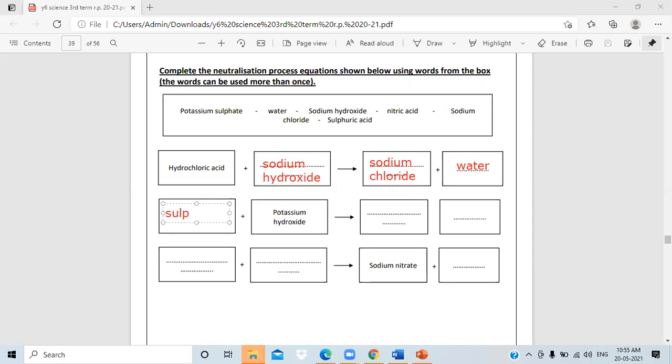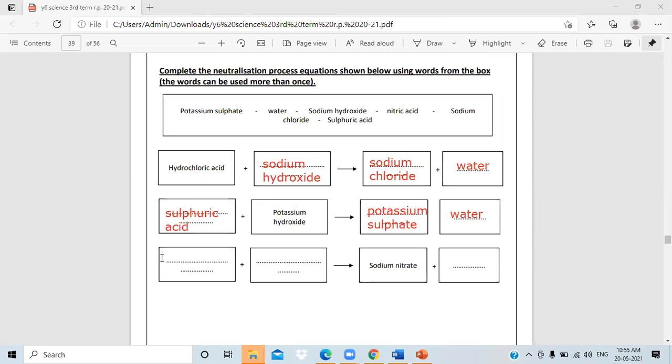Okay, it's going to be sulfuric acid. And what will be the salt that will be produced from the sulfuric acid with potassium hydroxide, Yasin? The one that you just said. Potassium sulfate. Yes, potassium sulfate. And with the potassium sulfate, water. Water. Thank you.